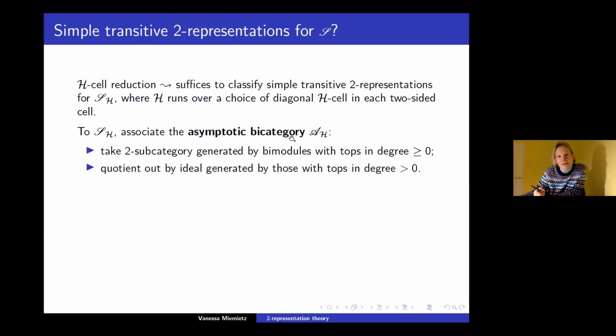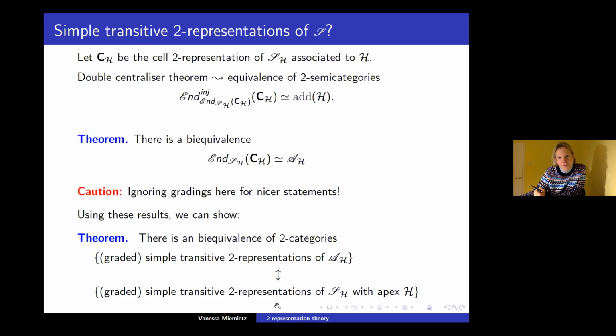For example, originally we only had a proof of this theorem, and not as a biequivalence of two-categories, but just as a bijection, if we had longest elements of parabolics. That was precisely because we could go to singular Soergel bimodules.